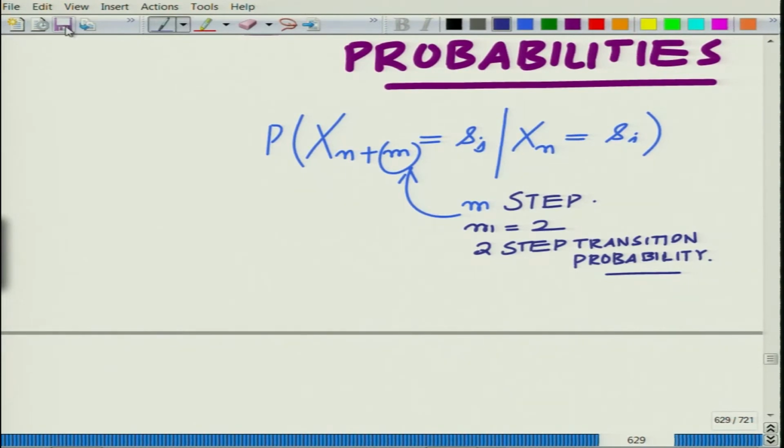Okay. So, remember we have the one step transition probability matrix, that is, we have the probability X_{n+1} equal to S_j given X_n equal to S_i, right.